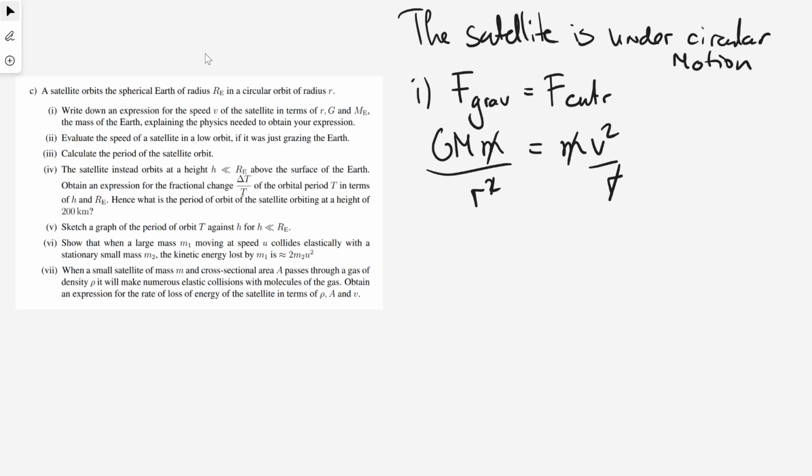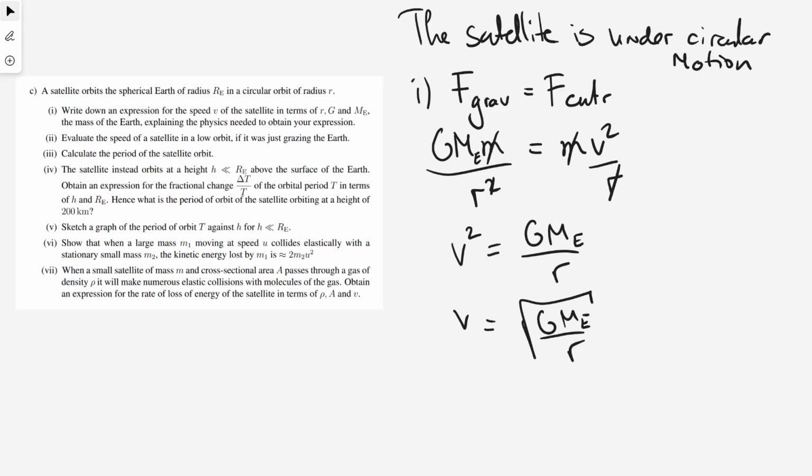We can do a bit of cancelling out, and what we're left with is that v squared is equal to GM over r, i.e. v will be the square root of GM over r. One final rearrangement: because this is the mass of the Earth, I'll add this subscript here just to ensure that we get maximum marks.